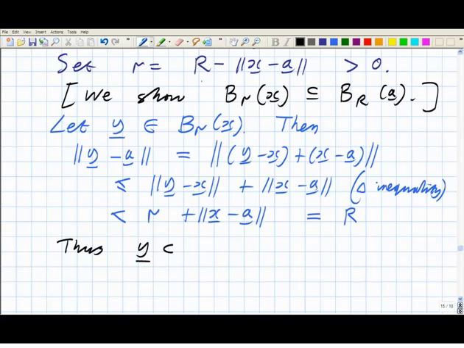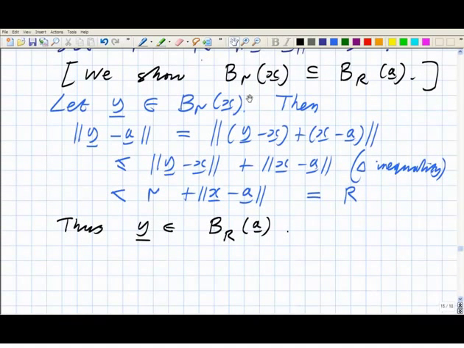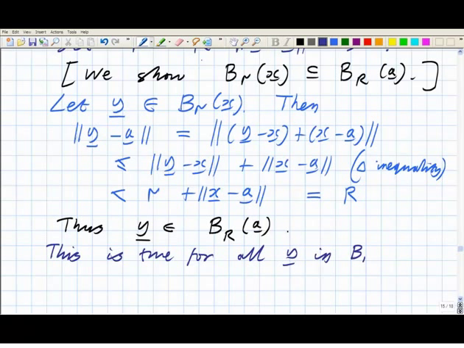And we do know that y is therefore strictly within distance capital R of a, so y is in the big ball. Right, so since that's true for all y in the little ball, that shows the little ball is contained in the big ball.